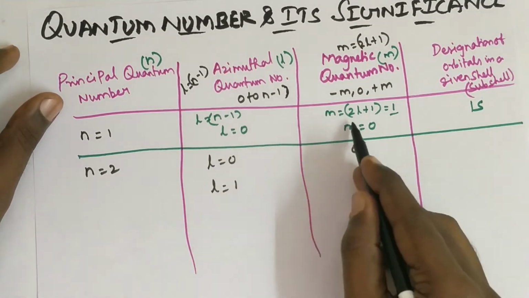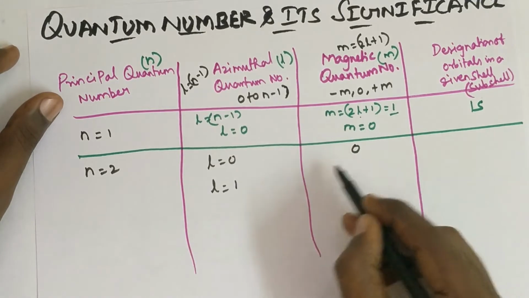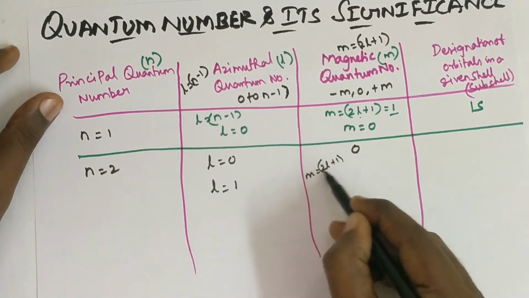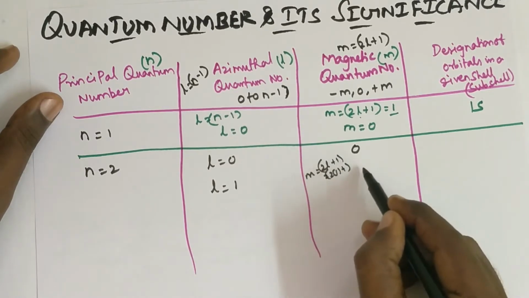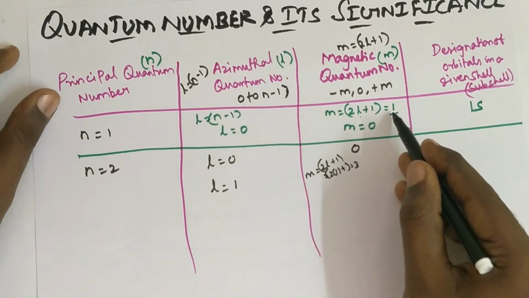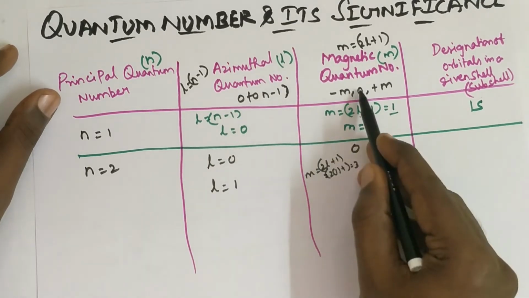In case we substitute l value equal to 1 in the formula m is equal to 2l plus 1, 2 into 1 plus 1, that is 3. I said if you get m value 1, 3, 5, first you have to mention 0, the middle value.